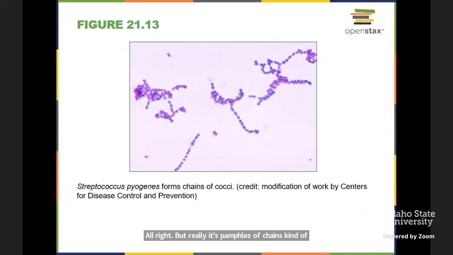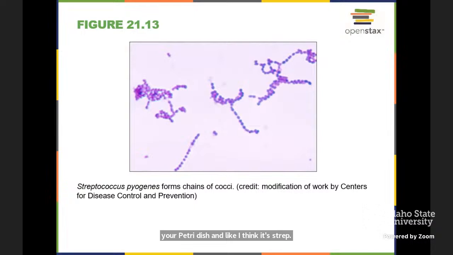And moving to an area of the slide where your smear's maybe not super thick, where the cells have had the ability to be thinned out a little bit, might give you an opportunity to see some more of this chaining appearance. And you'd be like, wait a minute, all right? If you truly were uncertain and you have this stuff growing on your Petri dish, and you're like, I think it's strep, but maybe it's staph.